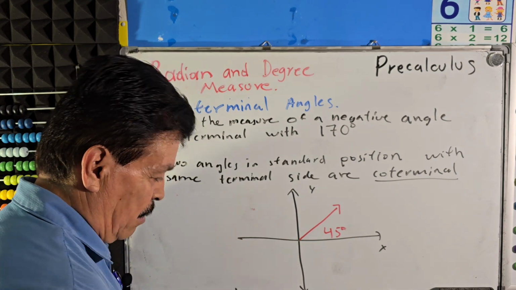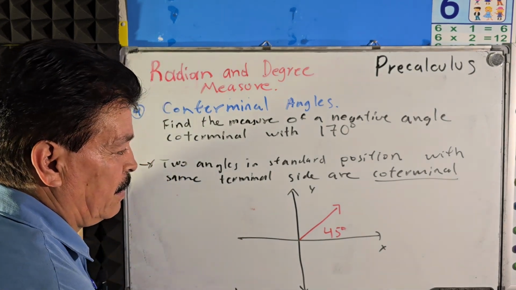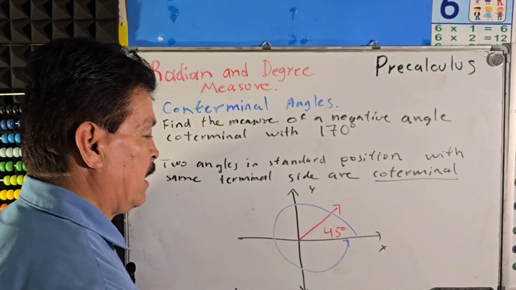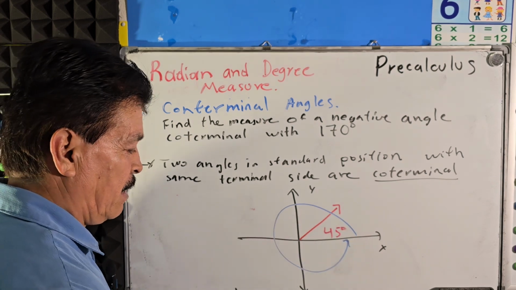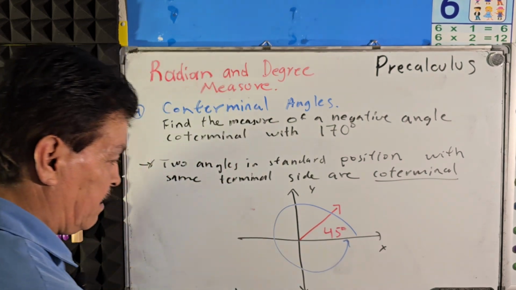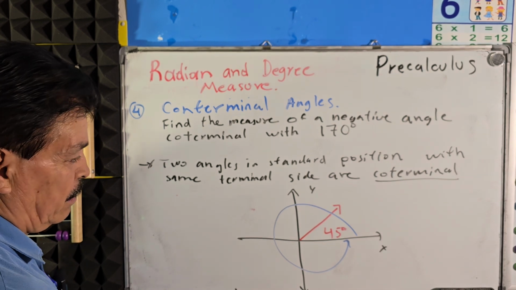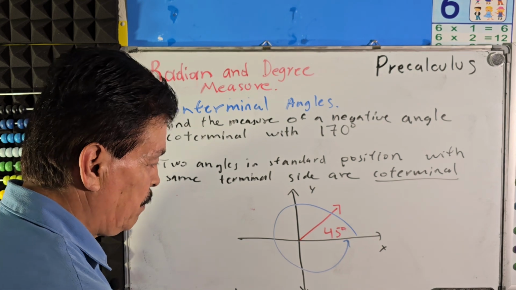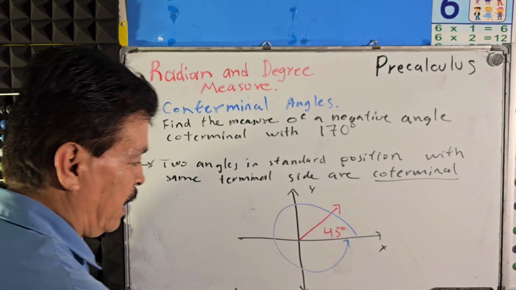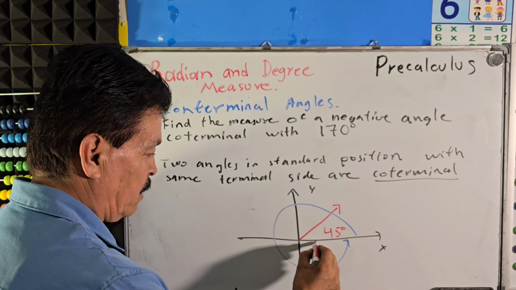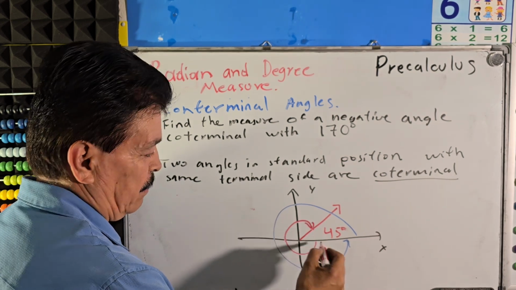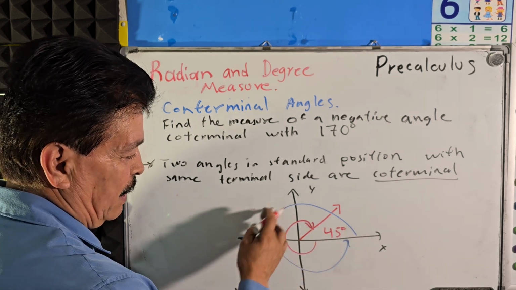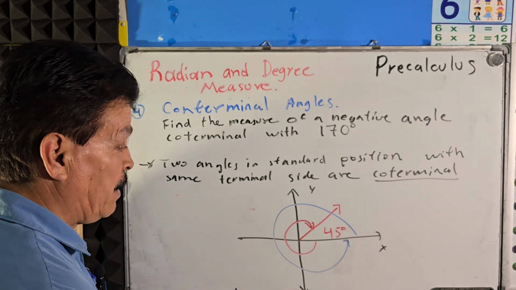When you move in one way or another way, you have 45 degrees. But if you move in the other way, let me use another color. This is 45 positive. But this one, the blue one, remember the answer I got?